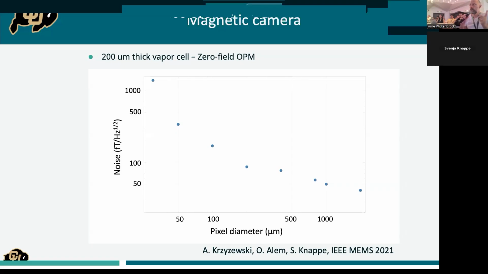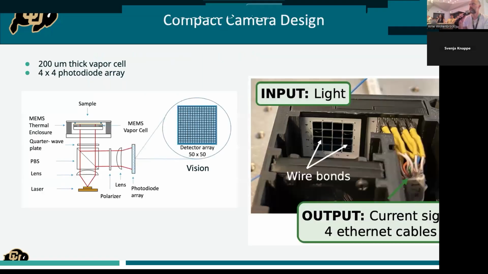Yes, Arne. So cool. I'm just wondering, how far is the vapor from the sample? Like, you showed it a bit, there's a bit of overhead there, and I'm just wondering. Exactly. So we have about 100 micron of glass, then we have a gap of about 200 micron, another 100 micron of glass. So let's say 500 microns or something like that.